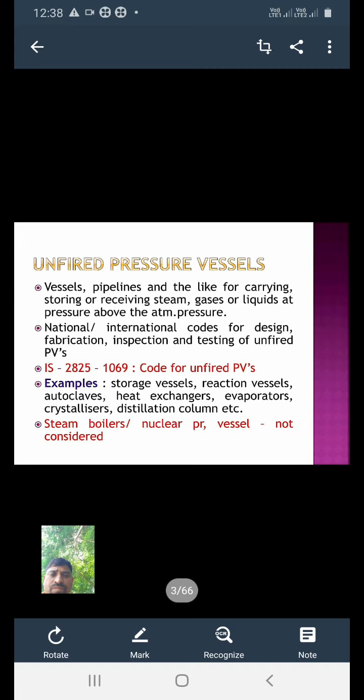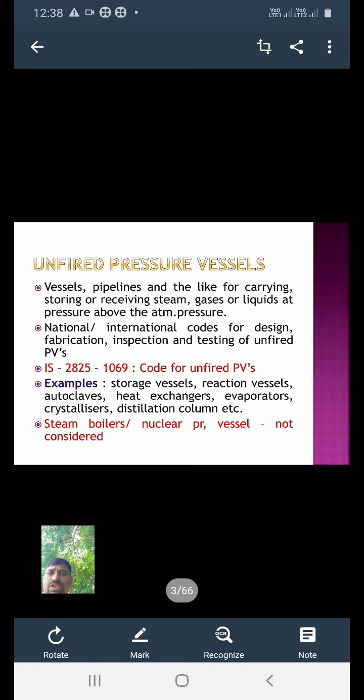Then there are different types of welded joints used in the pressure vessel. You know there are three types of welded joint commonly used in the pressure vessel. First, double welded butt joint with full penetration.